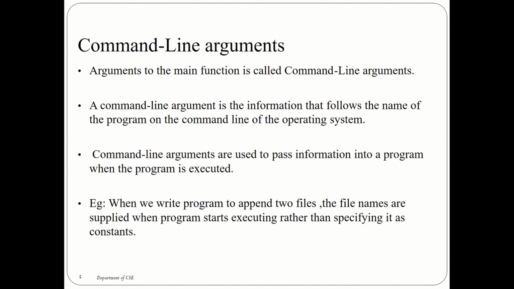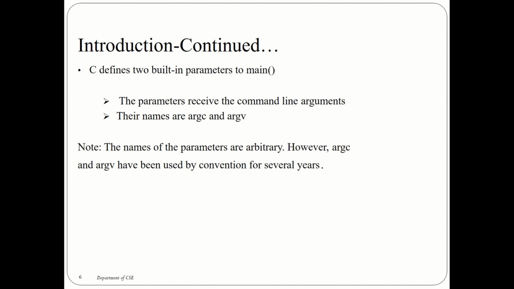While executing a program, we provide these arguments explicitly, and they are provided by the user. We will see how it is done. C is defined in such a way that its main function has two built-in parameters. It cannot have more than two parameters.